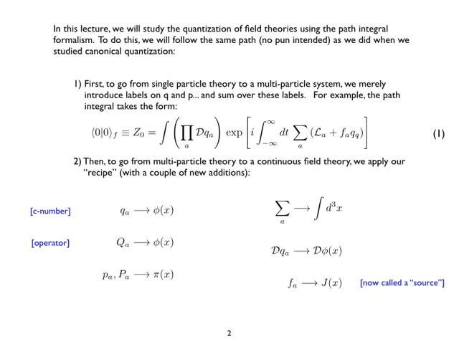So let me take that case and now go to the continuous limit. When I go to the continuous limit, I replace things like the eigenvalue or the C number Q sub A with a field. So we're going to go from a point to a field.